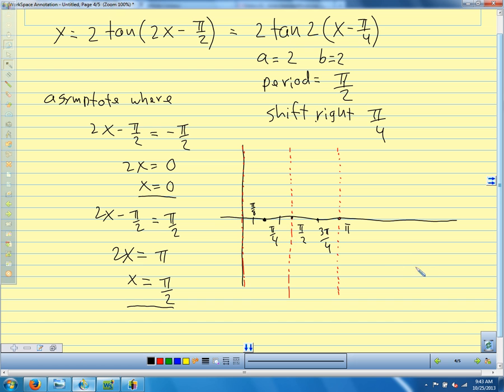Add and divide by 2. So pi over 4 plus pi over 2 divided by 2, what is it? 3 pi over 4 divided by 2, 3 pi over 8. So that point is 3 pi over 8.